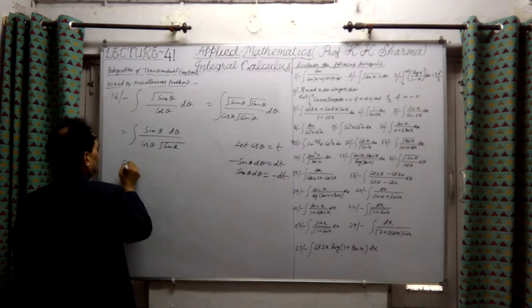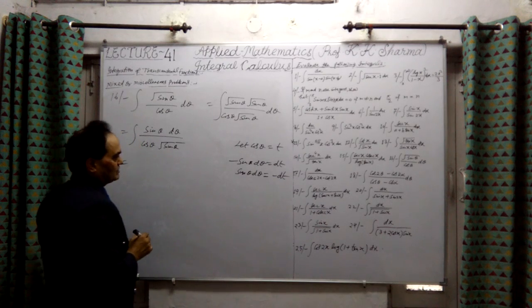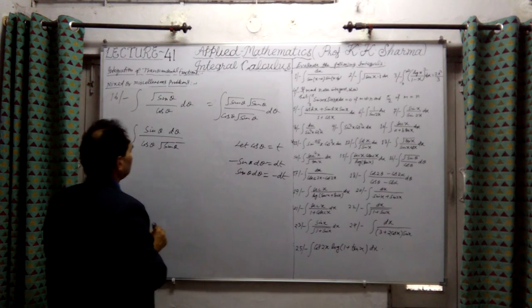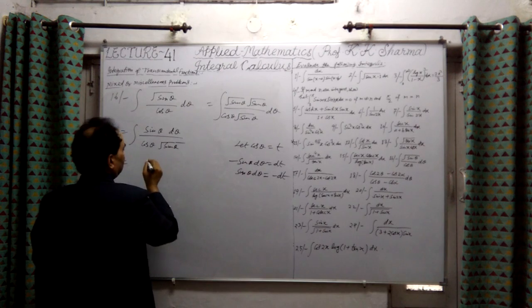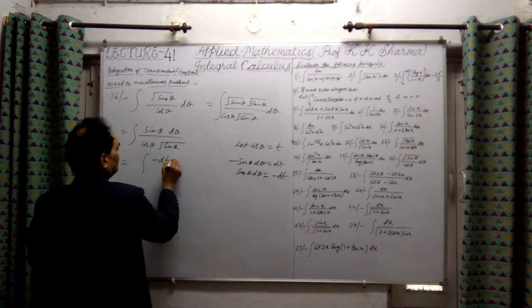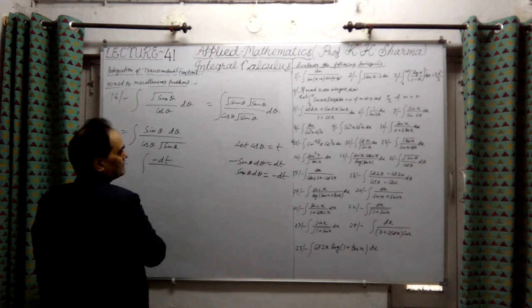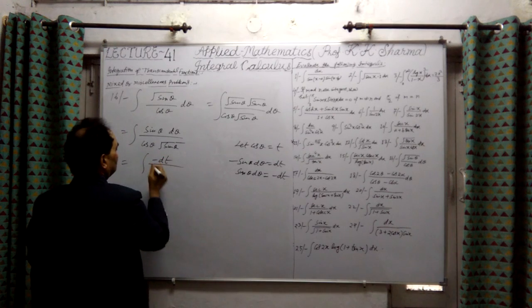So sin theta d theta equal to minus dt. Alright, this is minus dt upon cos theta. We have substituted cos theta as t.